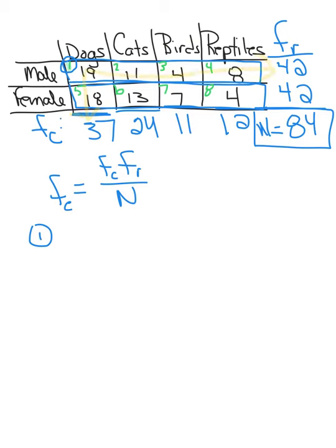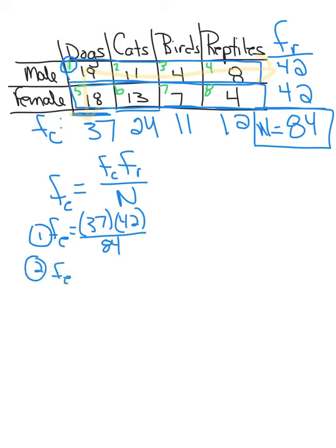So it's just lining them up. And then once you get them lined up, you just start plugging in. So I have expected 37 times 42 divided by 84. Okay? So I just set these up. I'm going to set each of them up.